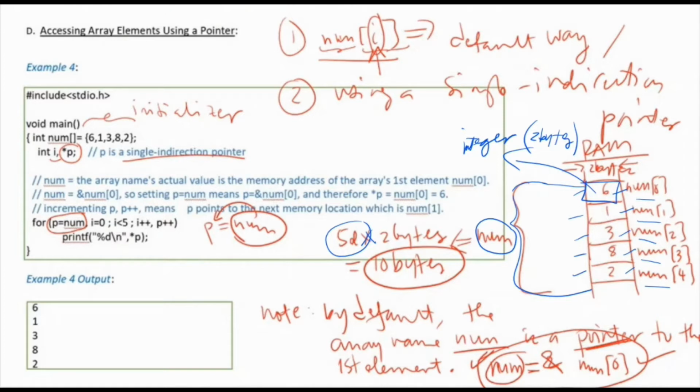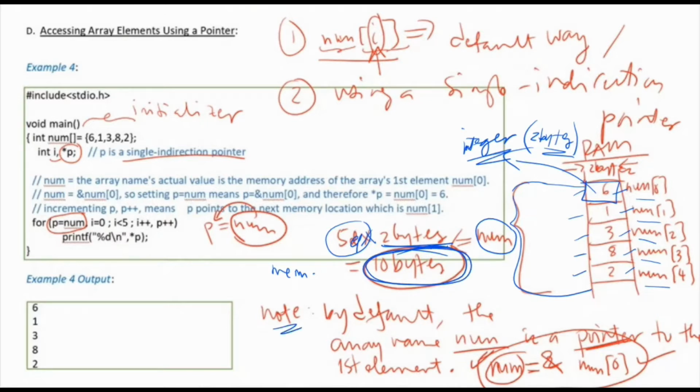So there are 5 elements times 2 bytes. The total memory allocation for the whole array is 10 bytes: 5 elements times 2 bytes each element. So the total memory allocation for the array num is 10 bytes.